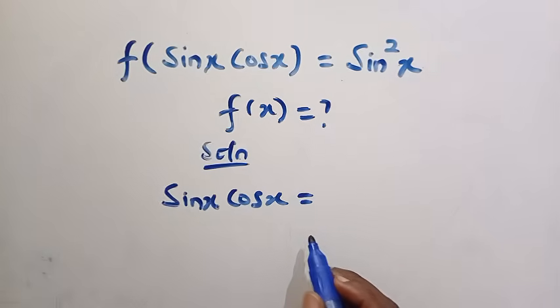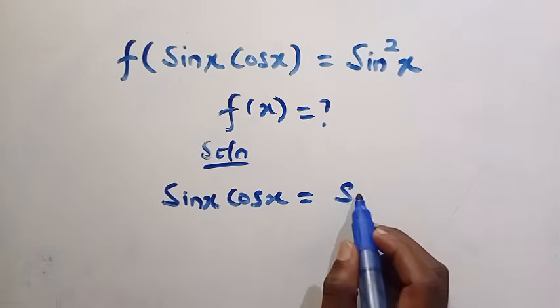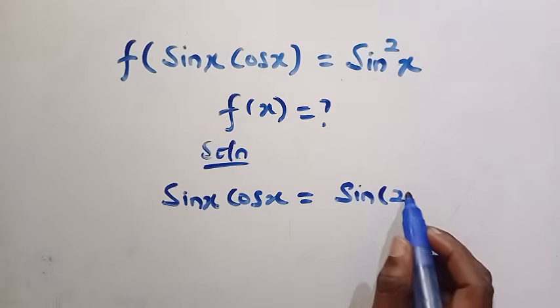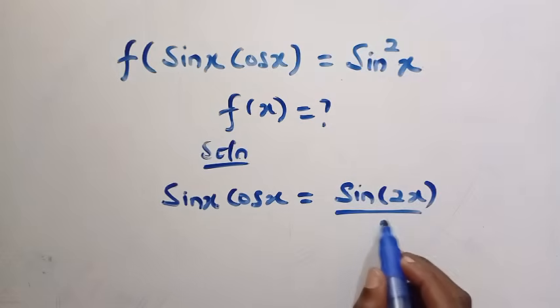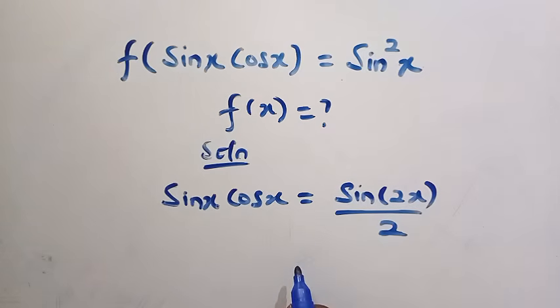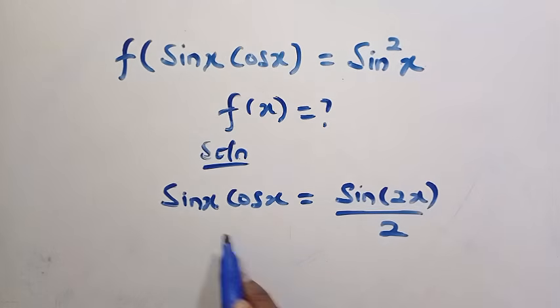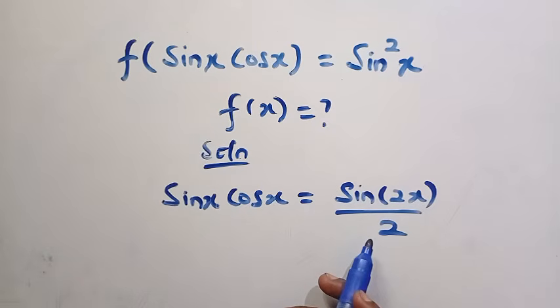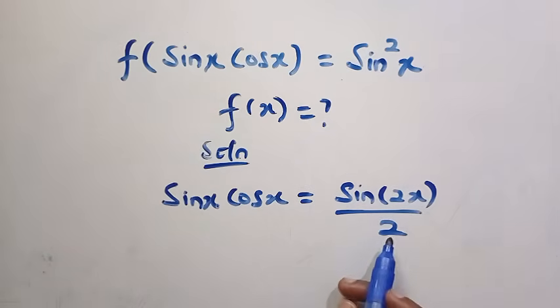This is the same thing as sine 2x divided by 2. This is the double angle formula, where we have sine 2x equals 2 sine x cos x. So we just make sine x cos x the subject of the formula, and we divide by 2. That's how we have this.